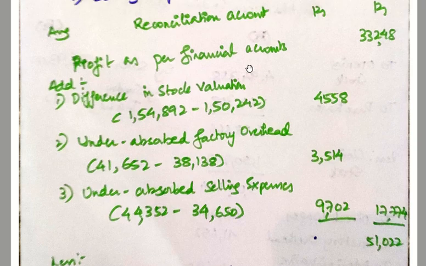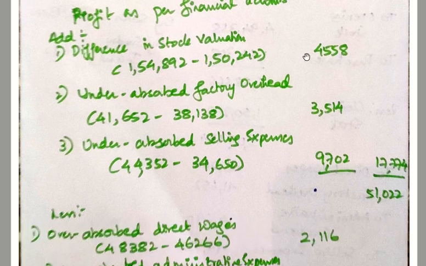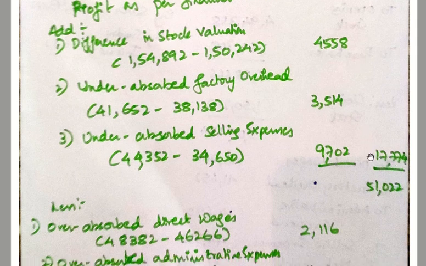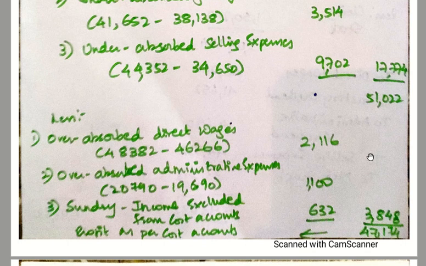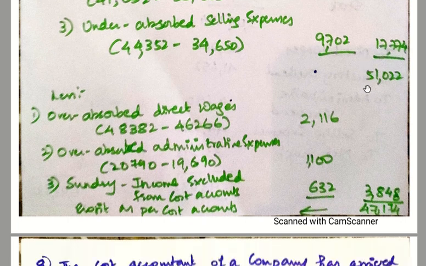So your profit as per financial account 33,248, plus if you add all these amounts 9,702, 3,514 and 4,558, we get 17,774. If you add it, we get 51,022.